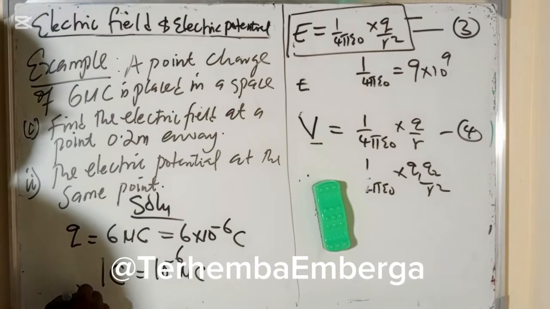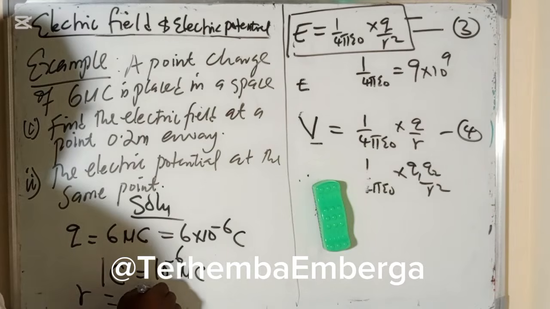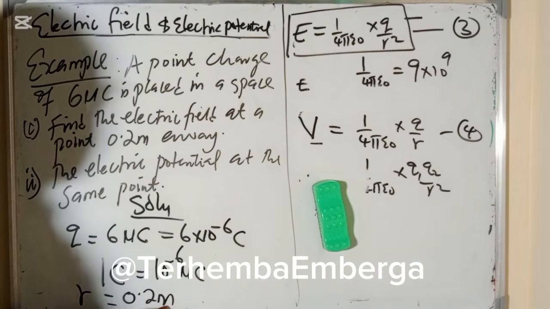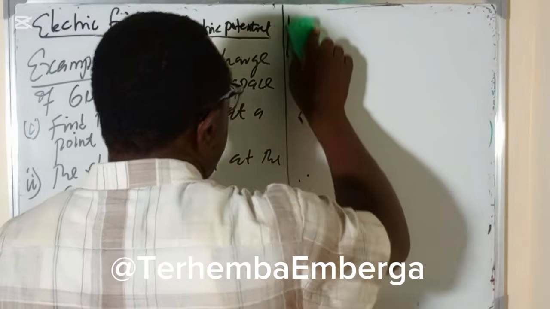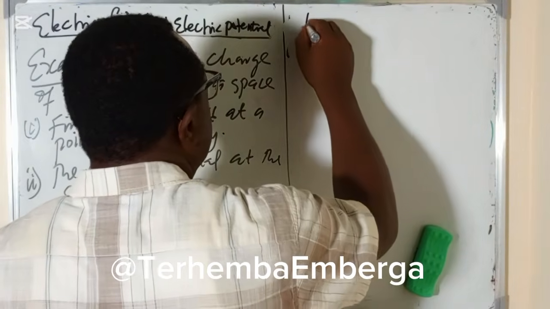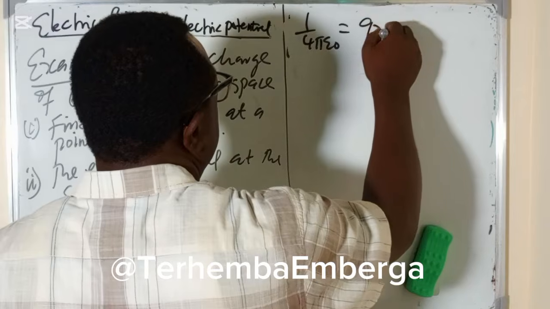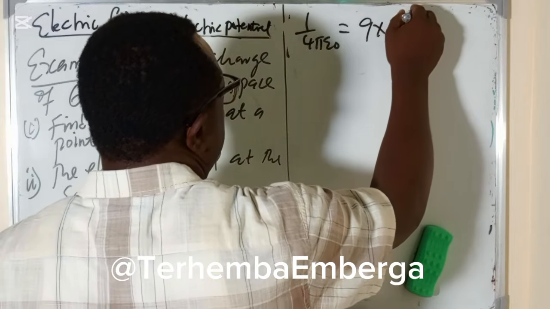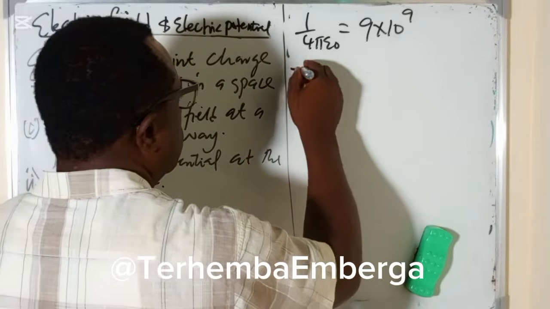Remember, our R is given as the distance of 0.2 meters, and that is already in standard SI unit, so we don't need to bother ourselves. And then the constant 1 over 4 pi E naught is given as 9 times 10 raised to power 9. So we now substitute.